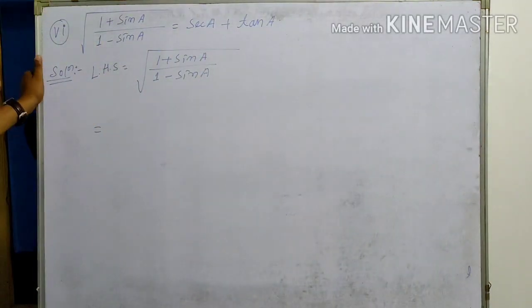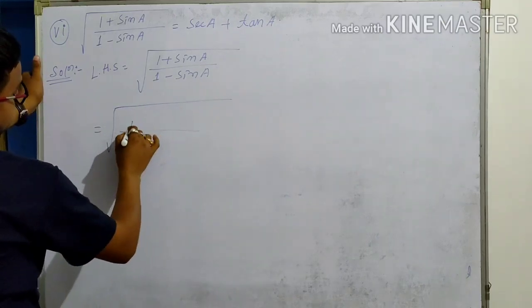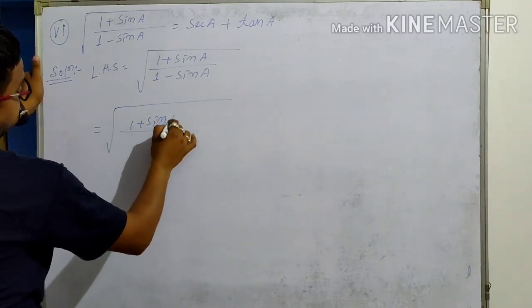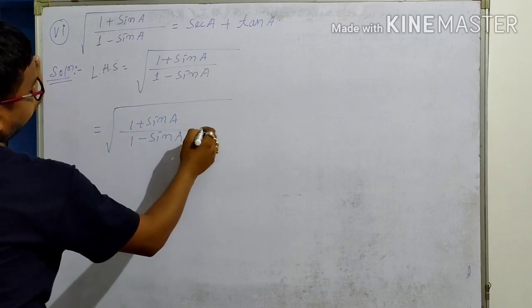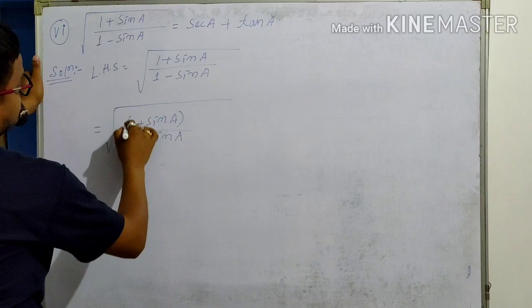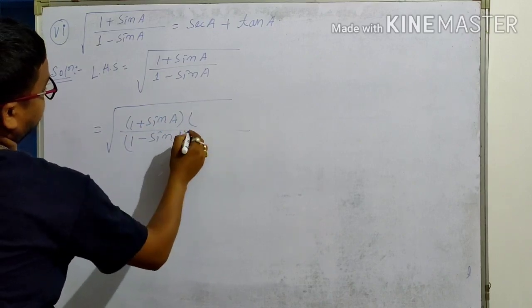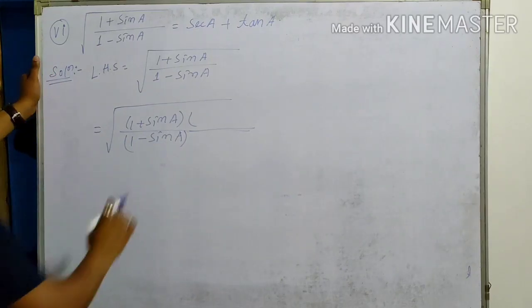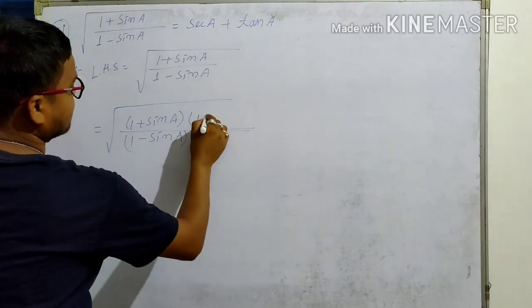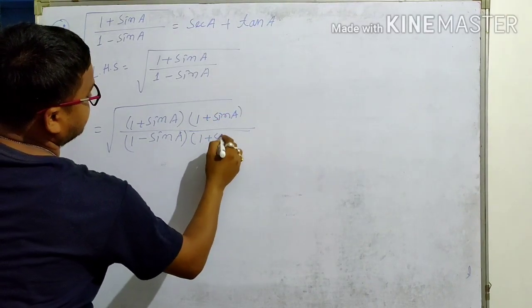How do we convert? Let's see. In the denominator, the factor is 1 minus sin a. You multiply both numerator and denominator by the opposite sign of this, so you put 1 plus sin a divided by 1 plus sin a.